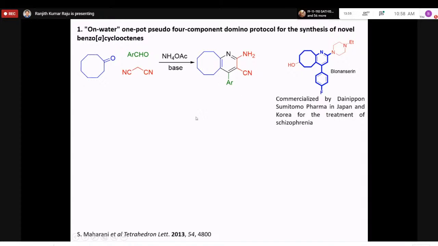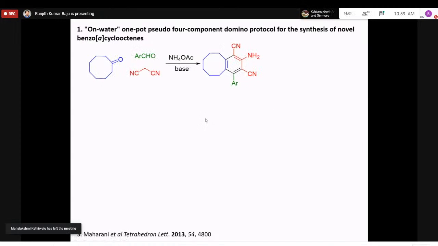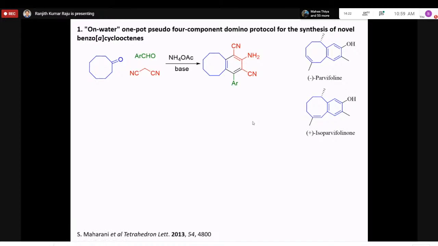But in this case, we were not successful, but we got another compound, in which the nitrogen is not involved in this reaction. We got the benzene fused cyclooctane systems. So again, through the literature, we saw that the only natural products which had the core of the cyclooctane fused benzene systems are the parvifoline and the isoparvifoline.